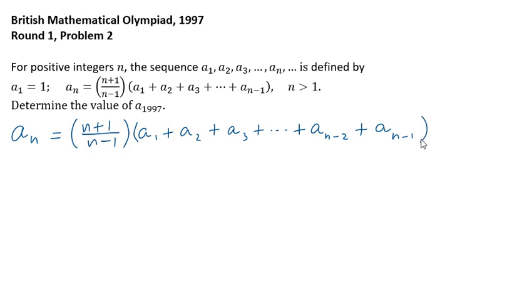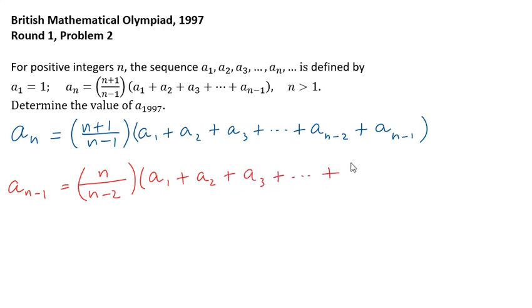Now, I'm going to come up with a formula for a_(n-1) using this definition. So by definition, a_(n-1) is equal to ((n-1)+1)/((n-1)-1) times a sum of several terms up to a_(n-2). Okay, now we have here n/(n-2) times a_1 + a_2 + a_3 up to a_(n-2).